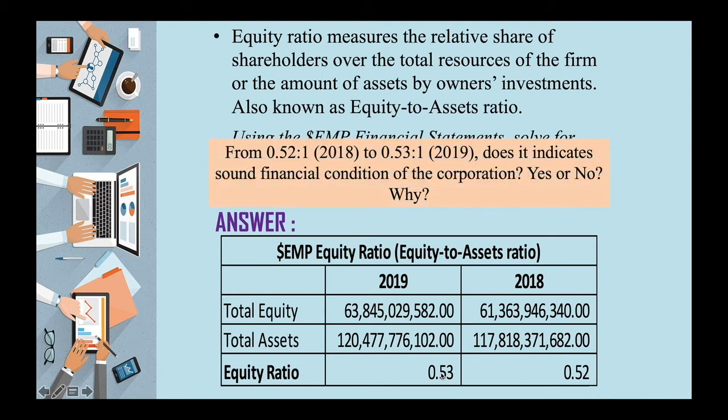Okay, so ayan, ito yung question. From 0.52 is to 1 for the year 2018 to 0.53 is to 1 for the year 2019. Does it indicate sound financial condition of the corporation? Yes or no? Actually, guys, in the perspective of the owner, okay yun sa kanila.